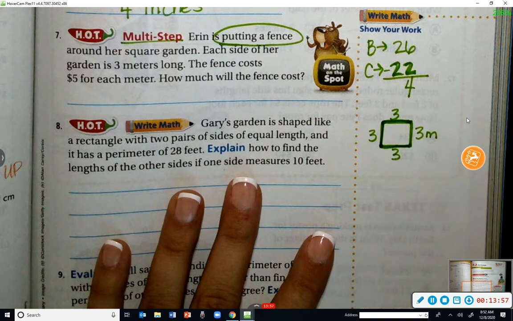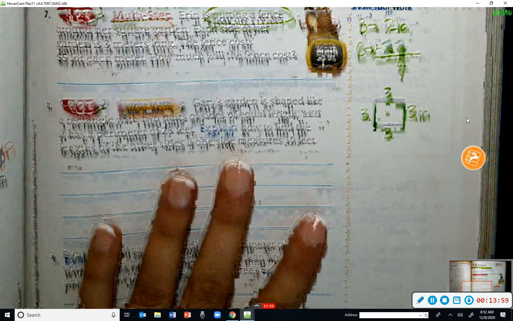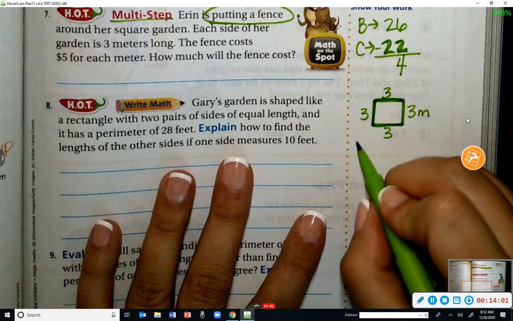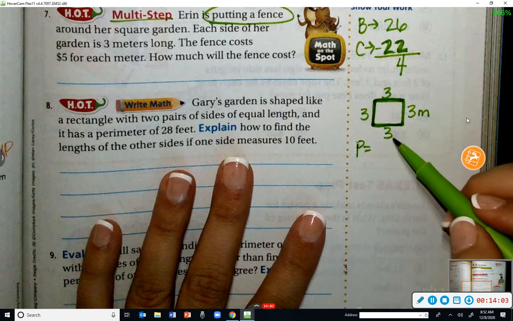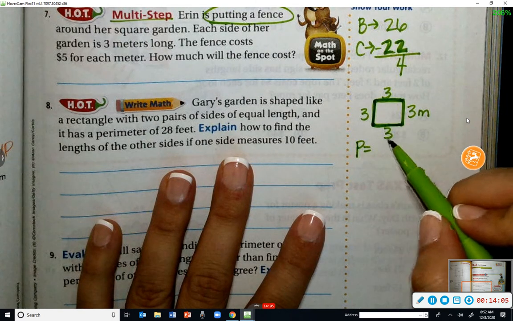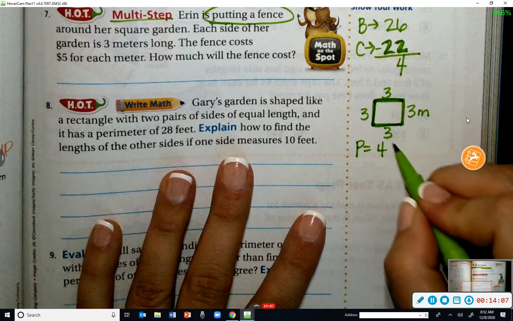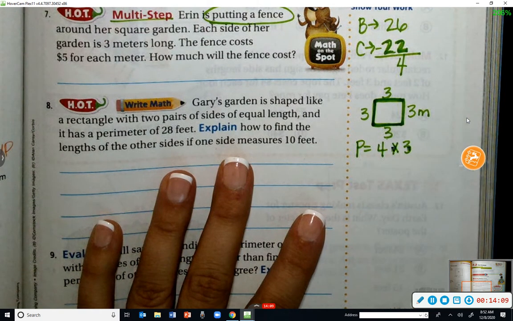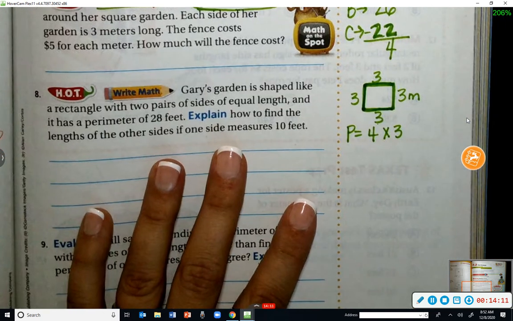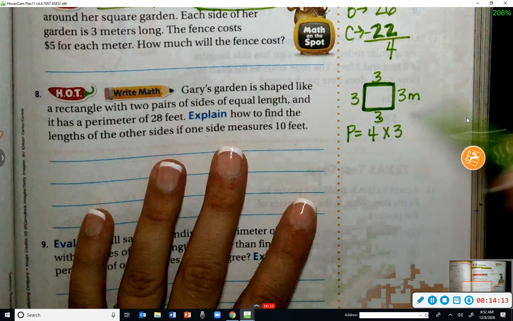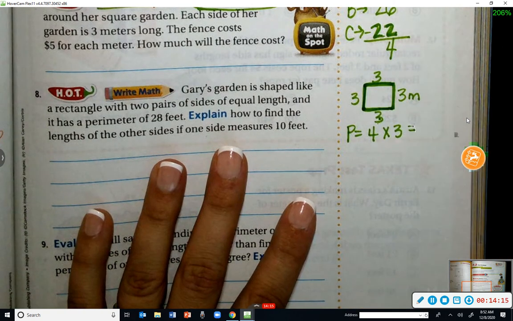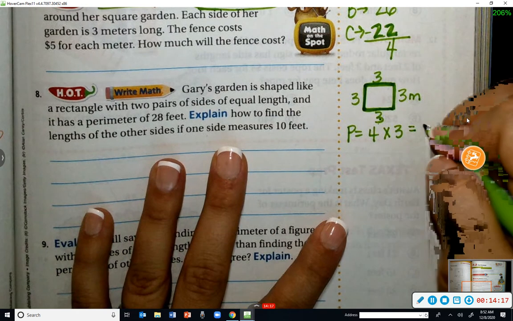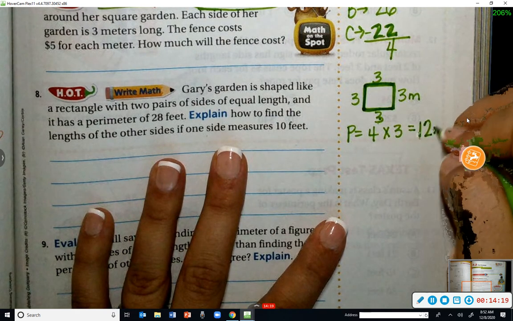So what would I do to find the perimeter? I could count them all. How many sides are there? 4 sides. So can I do 4 times 3? Yes. 4 sides. Each side is 3. What is 4 times 3? 12. So the perimeter of the garden is 12 meters.